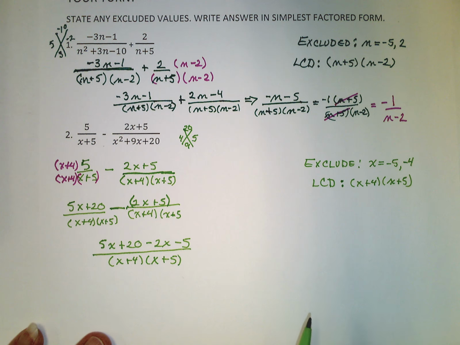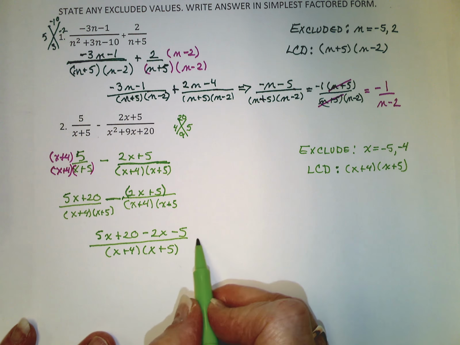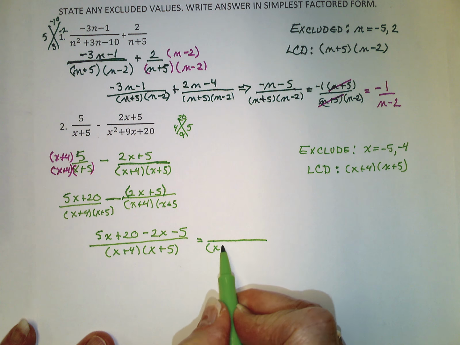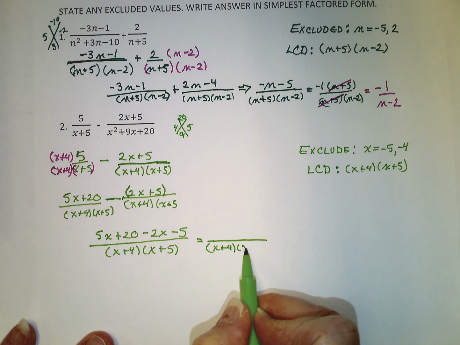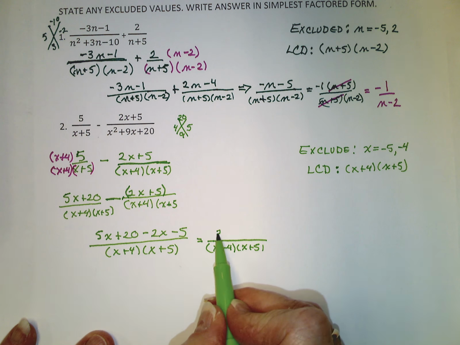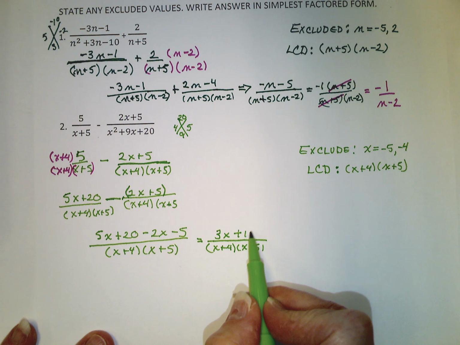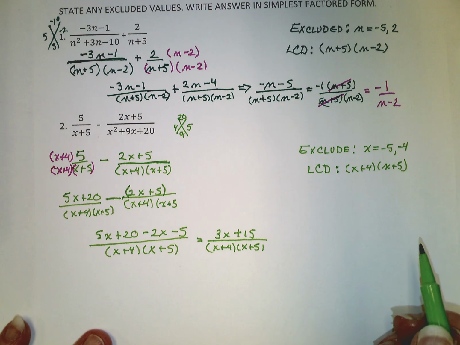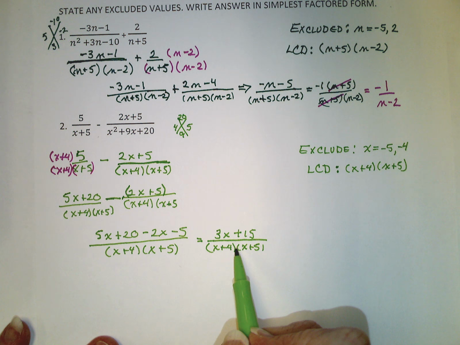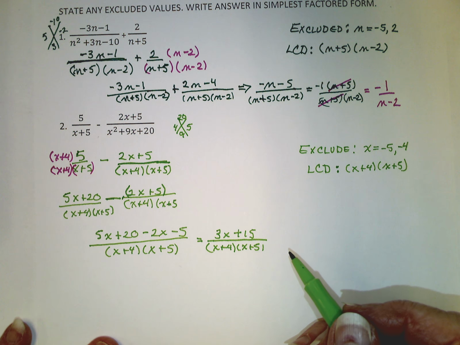And I am putting in all the tedious little steps. So they're combining the like terms. 5x subtract 2x, 20 subtract 5, and there we are. We have completed the subtraction. It's a lot simpler than it started, but it's not done.